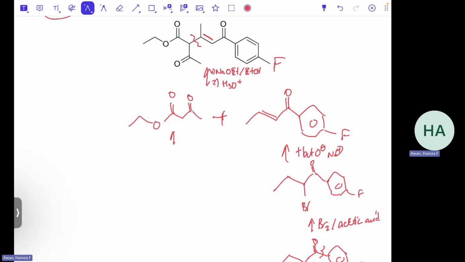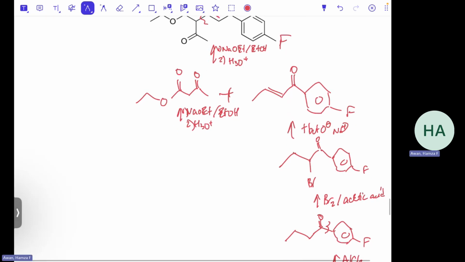Then we can have NaOEt/ethanol, and then H3O+. And remember, that's going to create two esters that are going to bond with each other. So we only have to put one because they can both be the same thing.